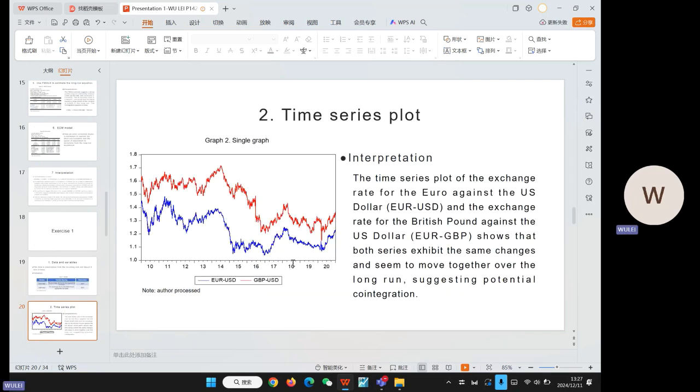We also put them into the picture and see the time series plot. The time series plot shows that both series exhibit the same changes and seem to move together over the long run, suggesting potential cointegration.